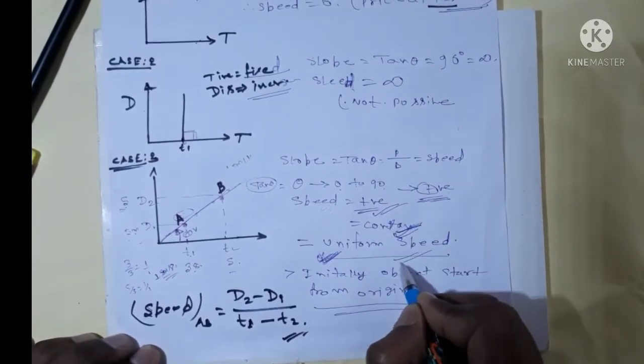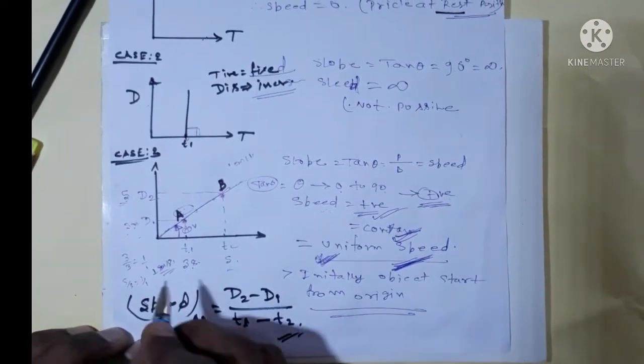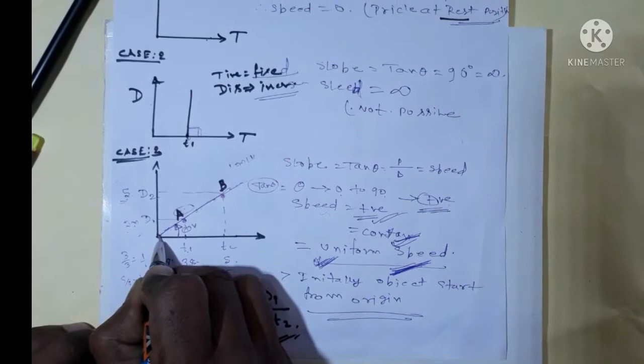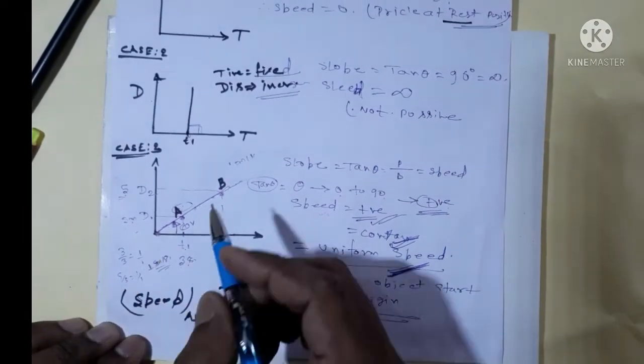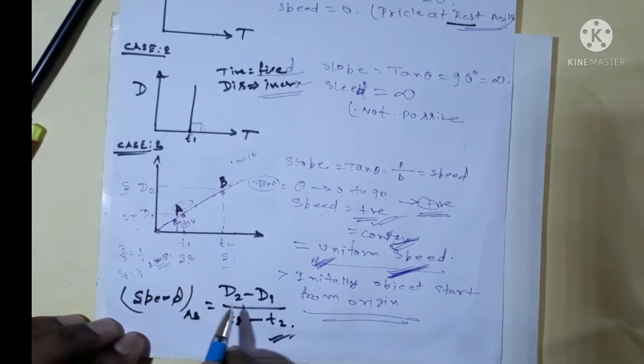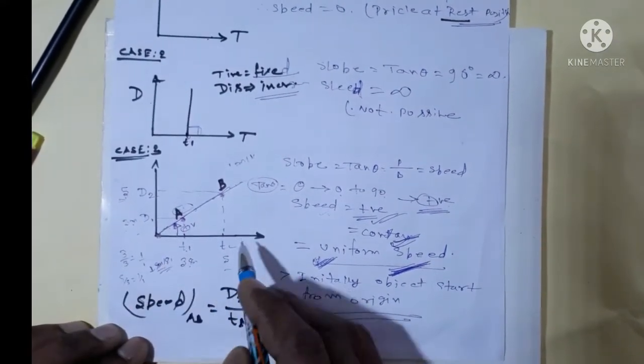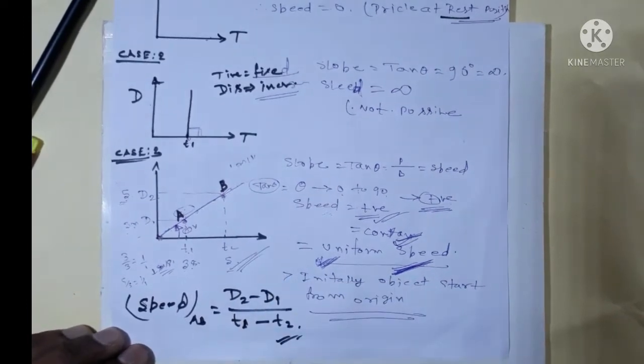So this type of graph is a uniform speed graph. Initially started from the origin, and speed can be written as d2 minus d1 over t2 minus t1.